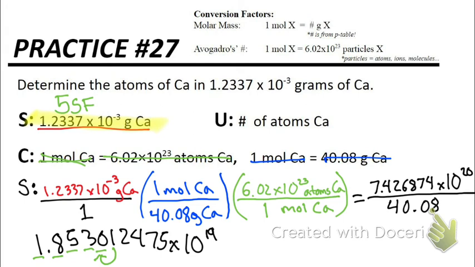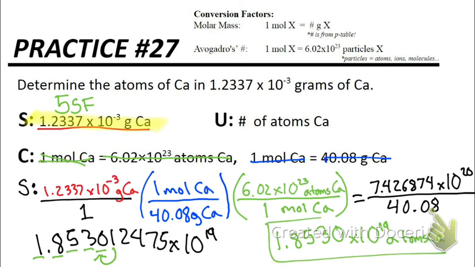So 1 is less than 5, so we're going to be rounding down, which means our final answer is 1.8530 times 10 to the 19th atoms of Ca. And this is your final answer for question number 27.